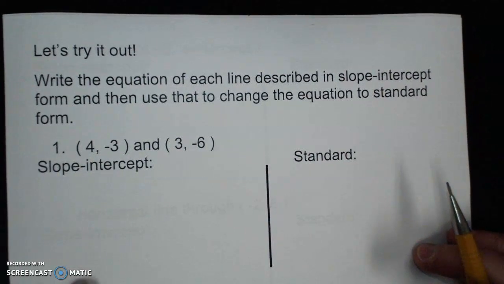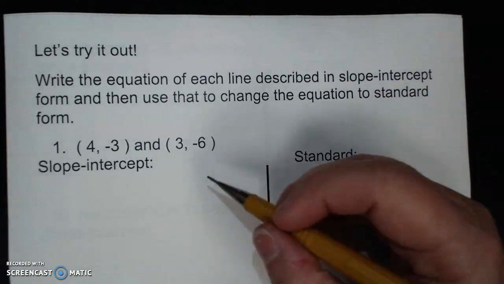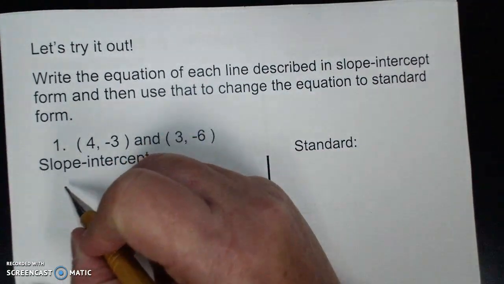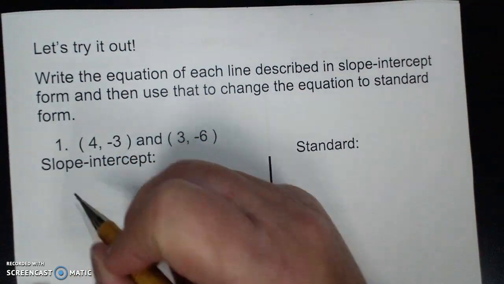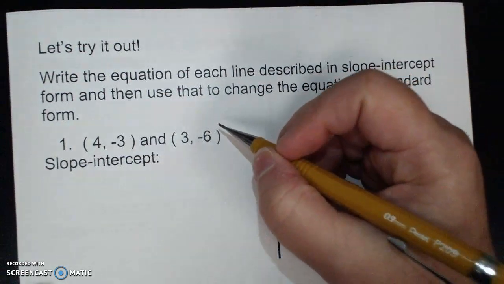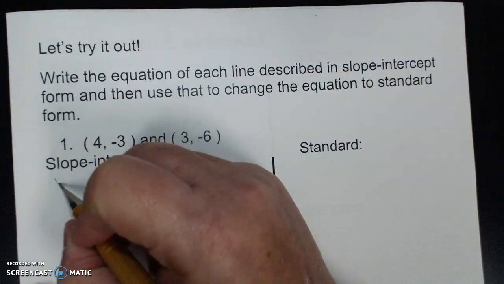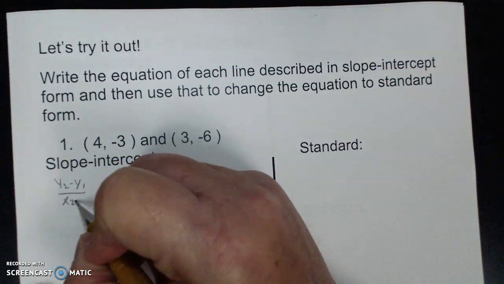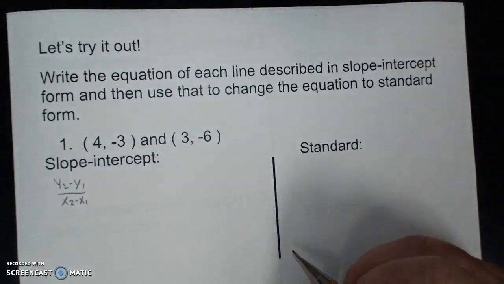Write the equation of each line described in slope intercept, and then use it to change it into standard. So given 2 points, I can find an equation. So I'm going to find the slope, and I'm going to do y2 minus y1 over x2 minus x1.